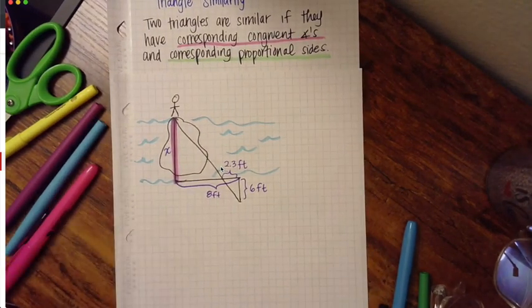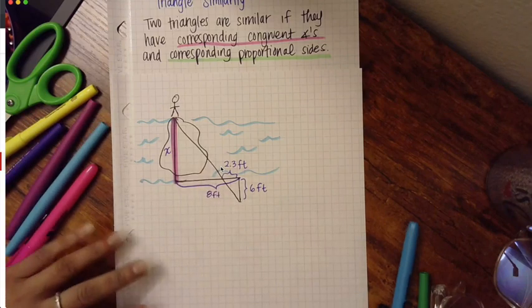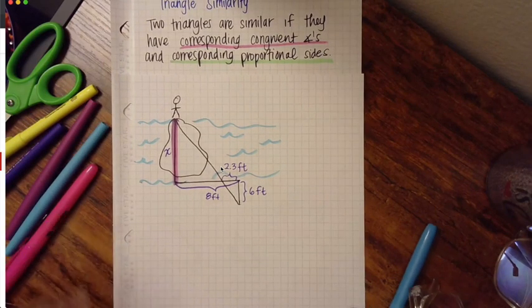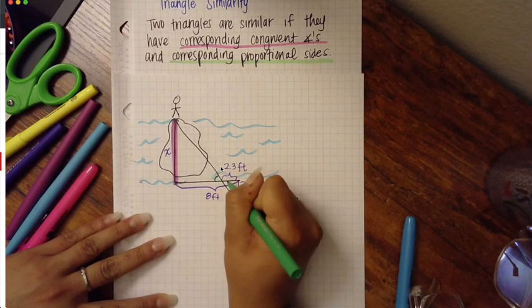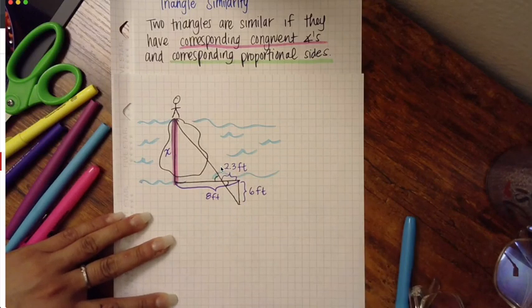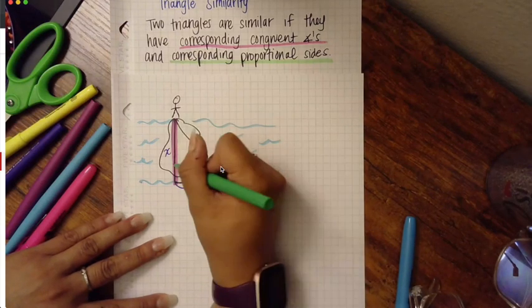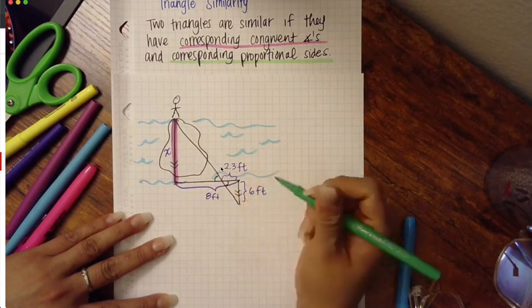So the first thing we have to do is make sure that these triangles are indeed similar. So we recognize I do have vertical angles here. When two lines intersect, opposite angles created are congruent and called vertical angles. So I know that right there. I also notice that this line and this line are parallel.